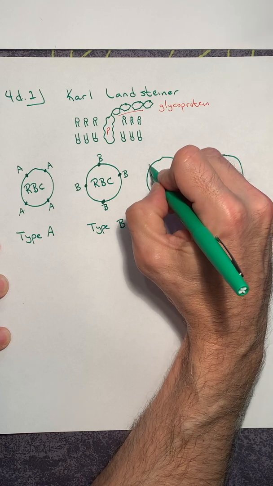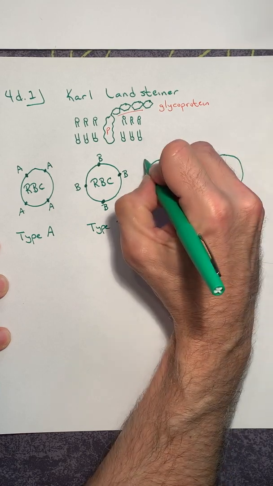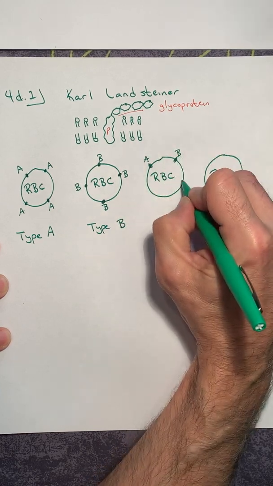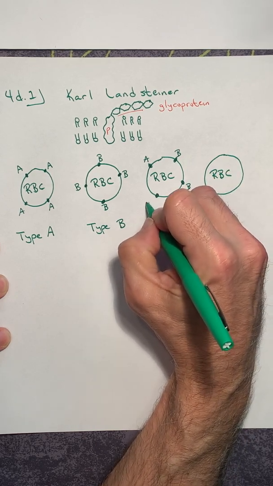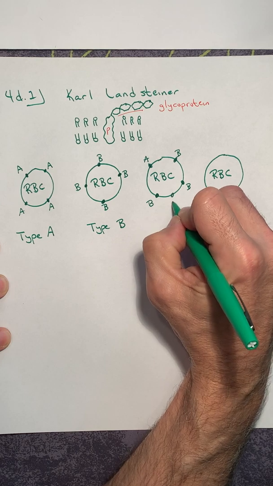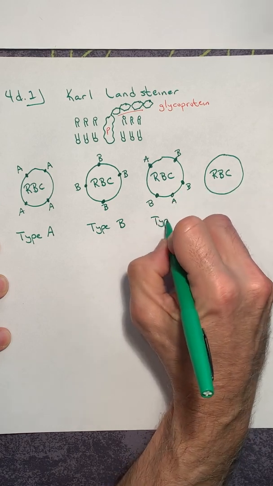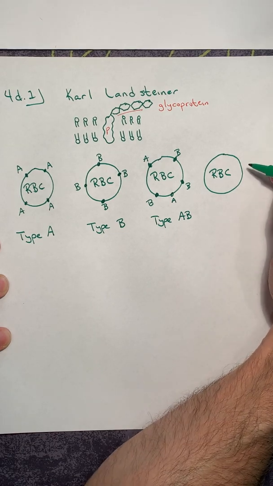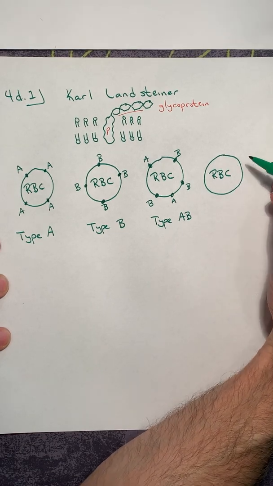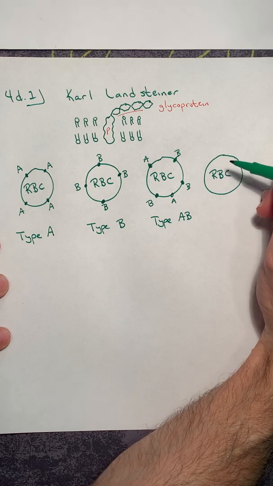He kept looking. And he found that some people express A and B glycoproteins in the plasma membrane of their red blood cell. So they have type AB blood. Then there were certain individuals that didn't express the A glycoprotein and they didn't express the B glycoprotein.